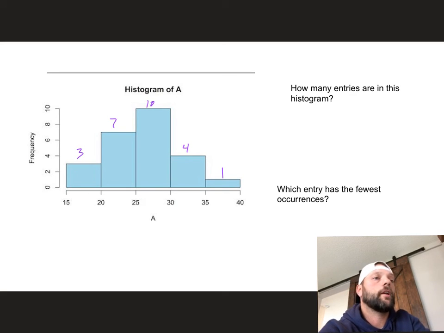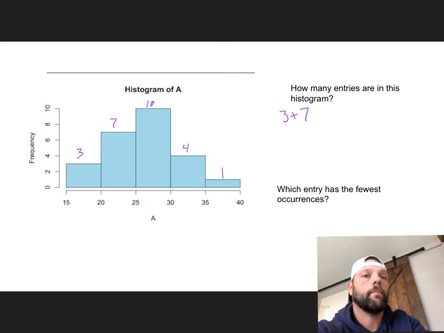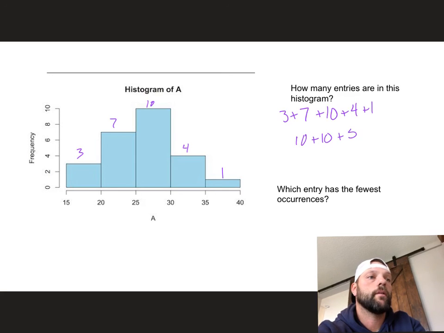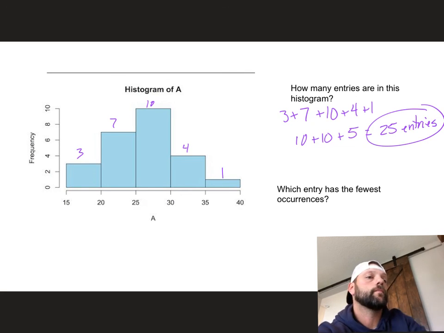So if I wanted to figure out how many entries I have, I would add all of those up. So 3 plus 7 plus 10 plus 4 plus 1. So 10 plus 10 plus 5, which gives me 25 entries.